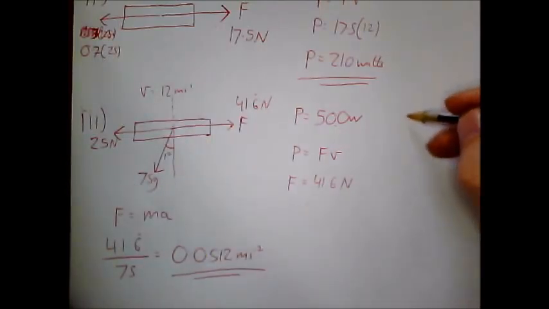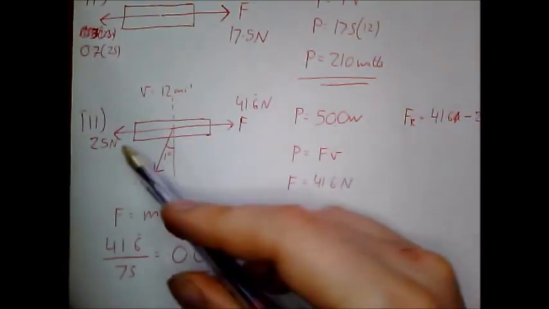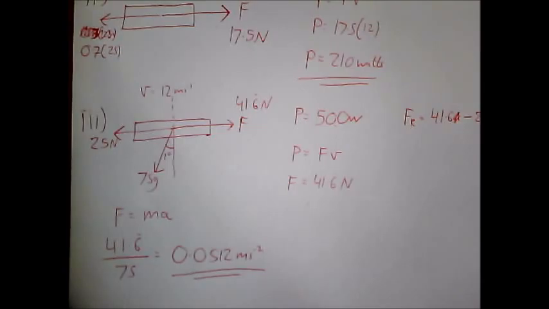So the resultant force is equal to 41.6 minus 25 minus 75g sin 1. So it should give us a resultant force of 3.8386 newtons.